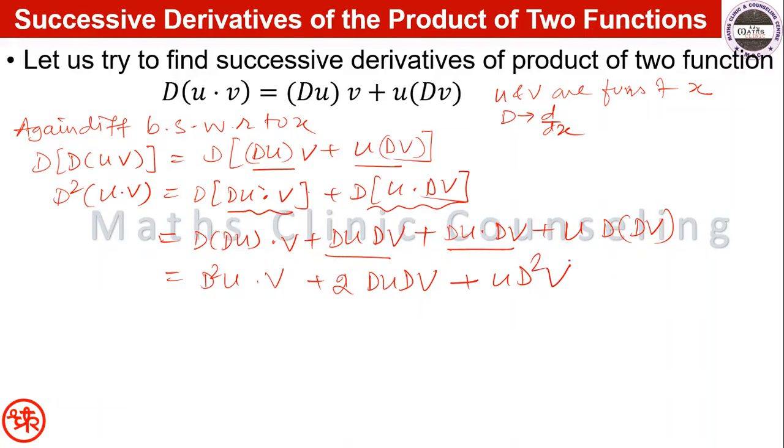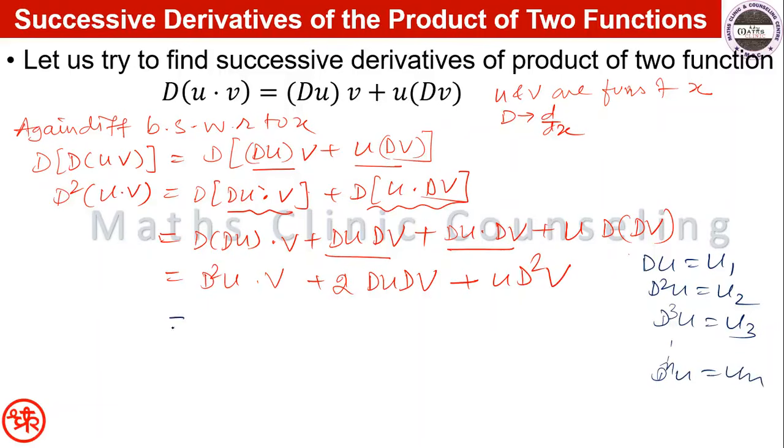Is that clear? Now you know that d of u can be written as u1, d square of u can be written as u2, d cube of u can be written as u3, and so on. dn of u can be written as un, likewise for v.